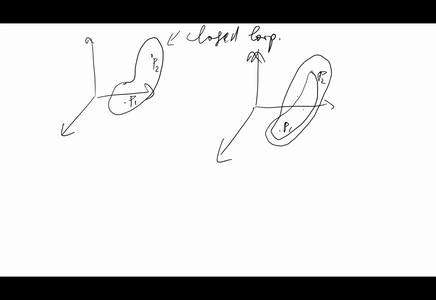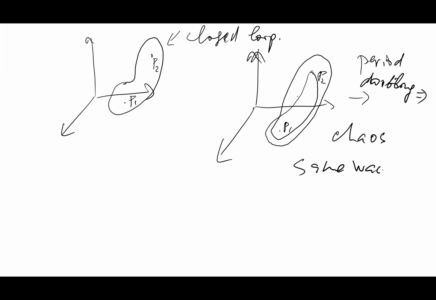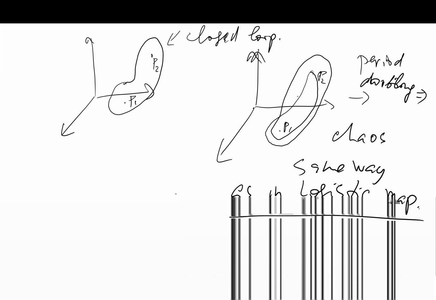And if c increases, there will be 4 rotations and 8 rotations and so on. And this is period doubling. And this period doubling ends in chaos, the same way as in the logistic map. So this is the second way of formation of chaos in three-dimensional flows.